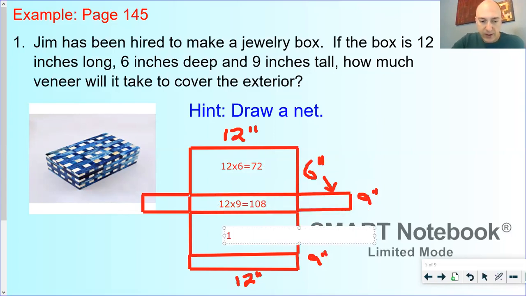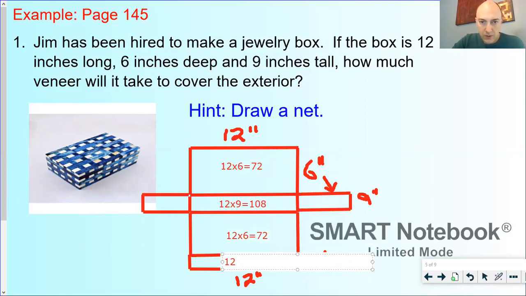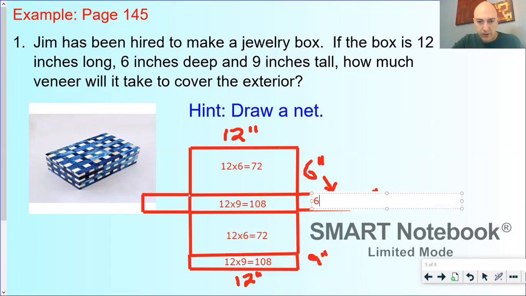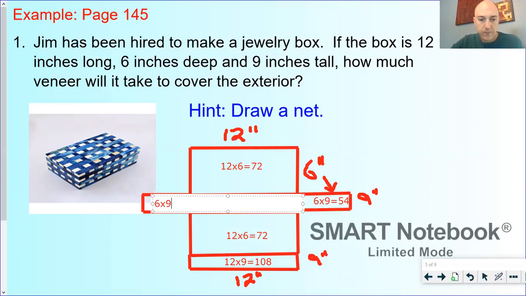This one's going to be 12 by 6 equals 72 as well. And finally, our sides here are going to be 6 by 9.